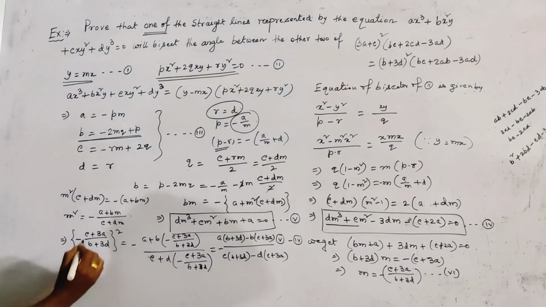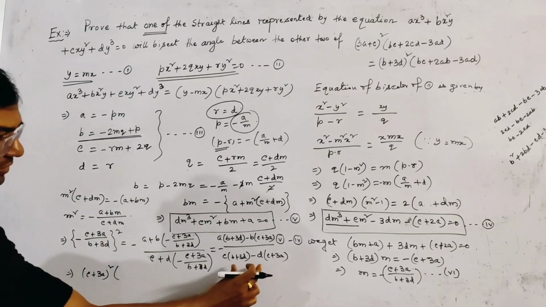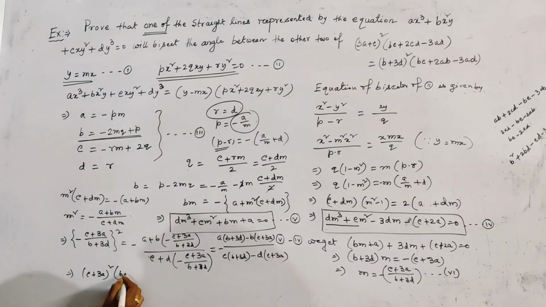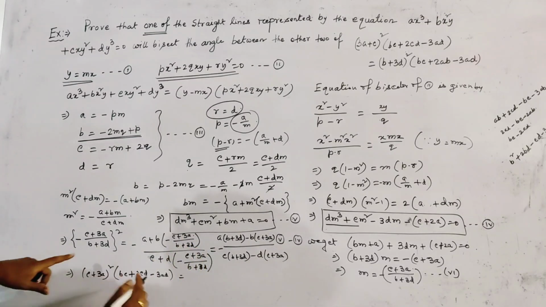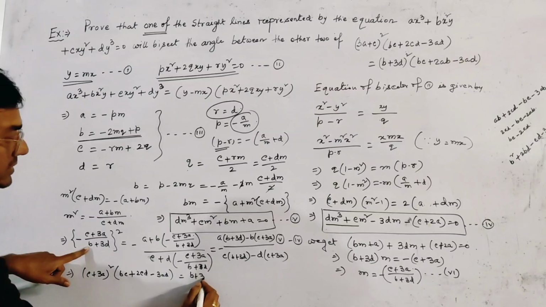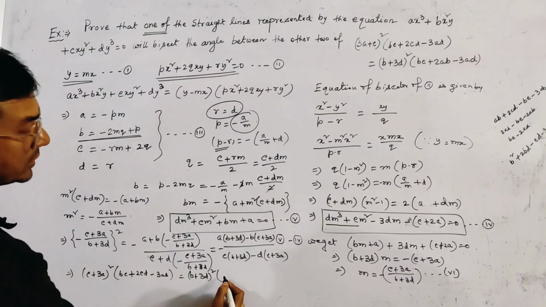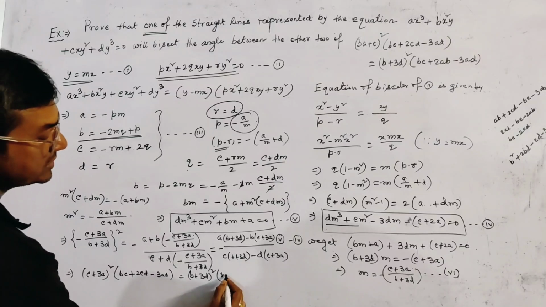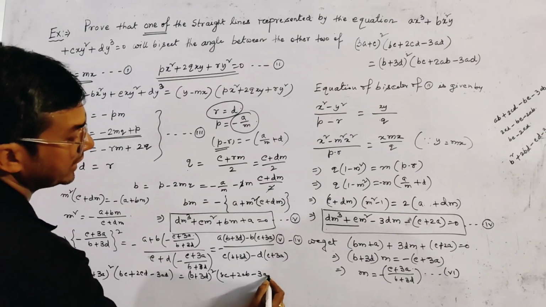Clearly our required result is c plus 3a whole square into this term equal to bc plus 2cd minus 3ad. And in the right side we first write b plus 3d whole square into the last term, bc plus 2ab minus 3ab.